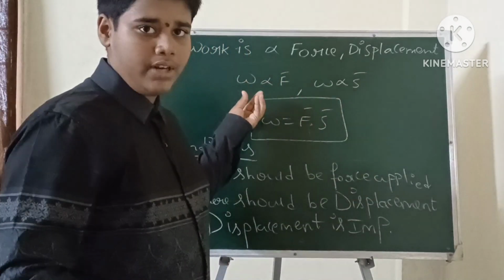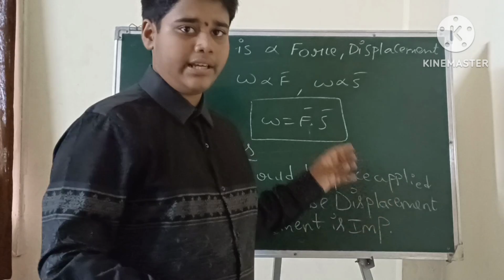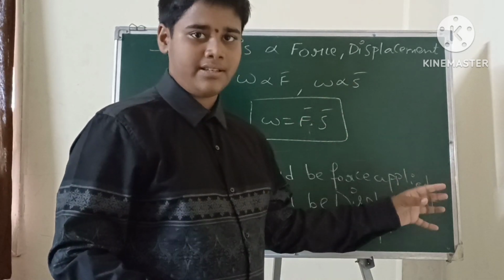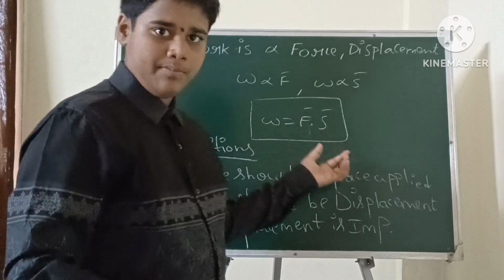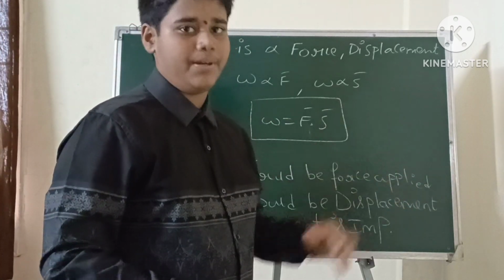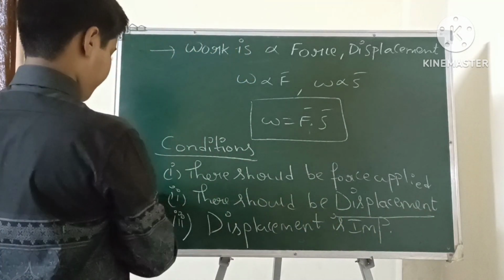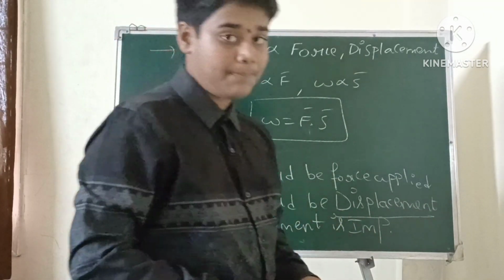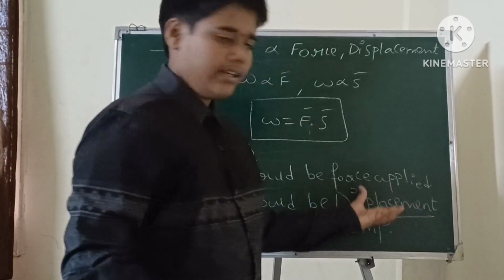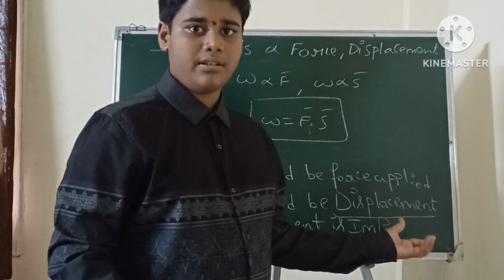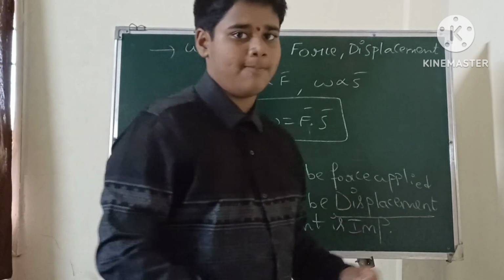Here when work is done, there should be a displacement. Automatically a body displaces when force is applied. Very important point: there should be displacement. When there is displacement, there is force, because when force is applied, displacement is there.